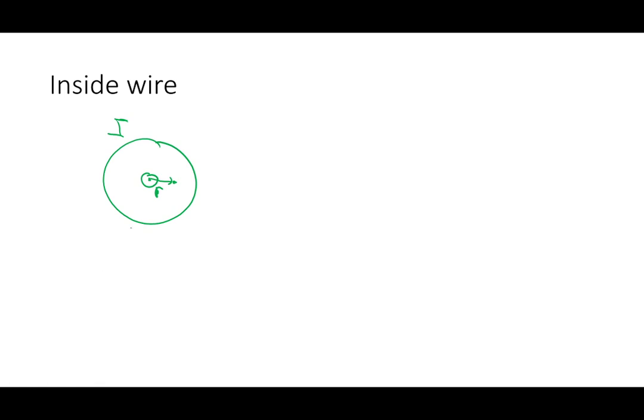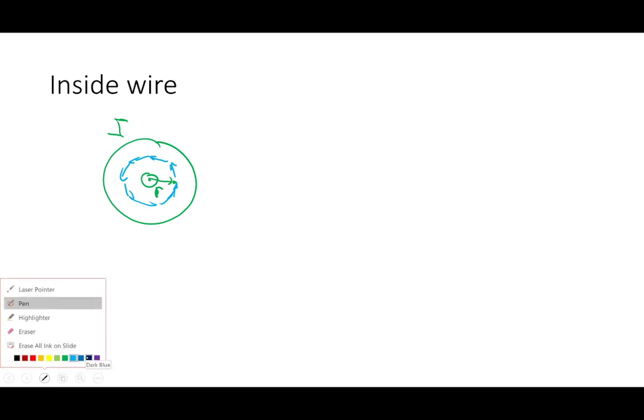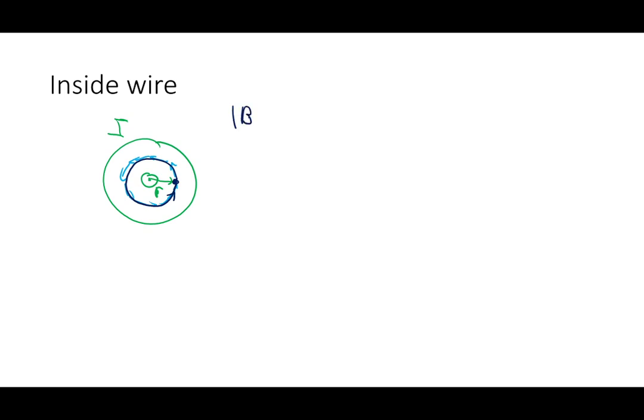Well, you still have the same geometry that we expect. So if you take an Amperian loop that is also a circle, and will again go counterclockwise, of that radius, you again have all the lovely things that we had last time, where B is parallel to dl and B is the same.